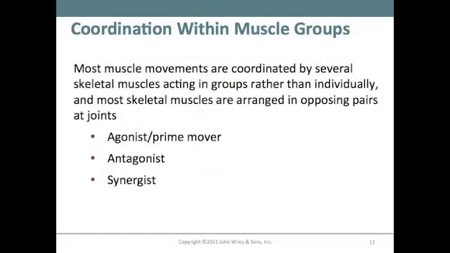So coordination within muscle groups. Most muscle movements are coordinated by several skeletal muscles acting in groups rather than individually, and most skeletal muscles are arranged in opposing pairs at joints. So the prime mover is what we call the agonist. And then we have the antagonist, which is in my elbow.